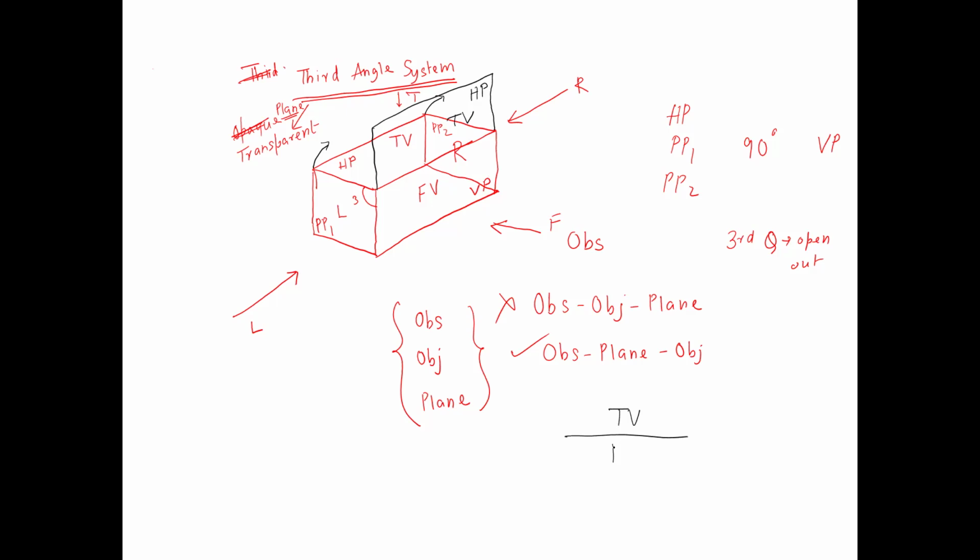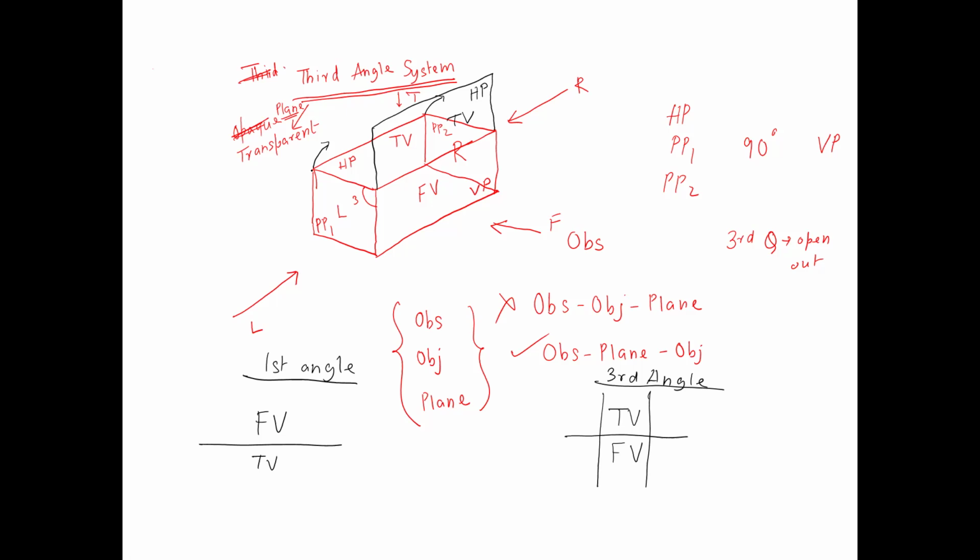In the first angle system, front view was above and top view was below. In the third angle system, top view is above and front view is below.